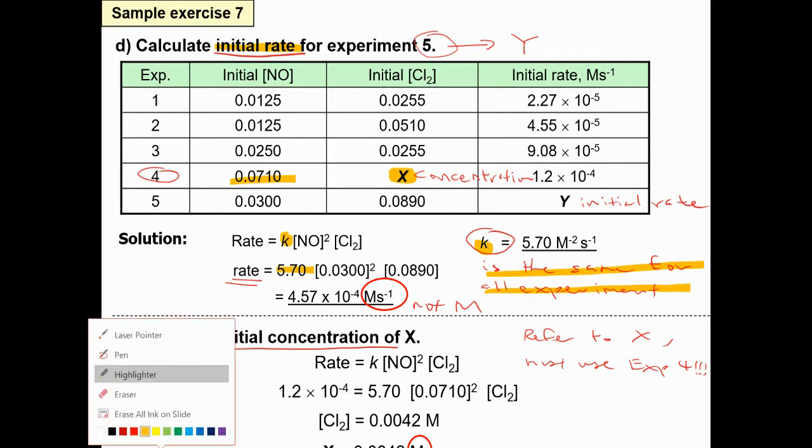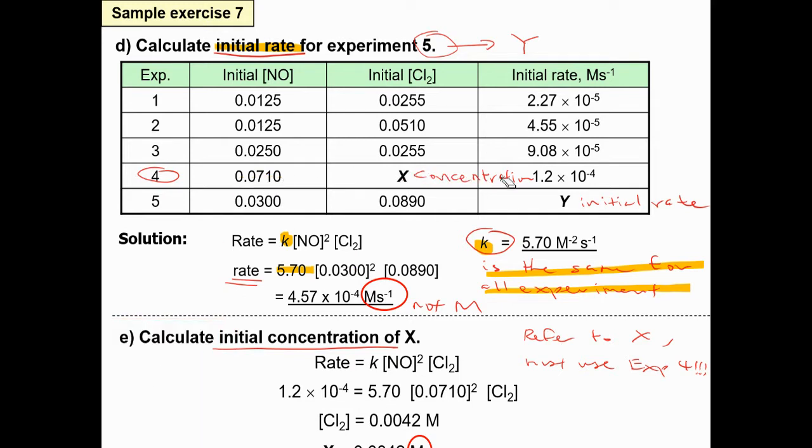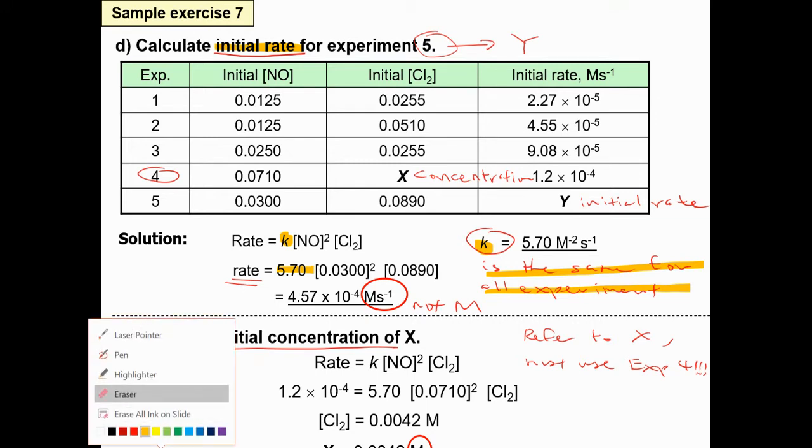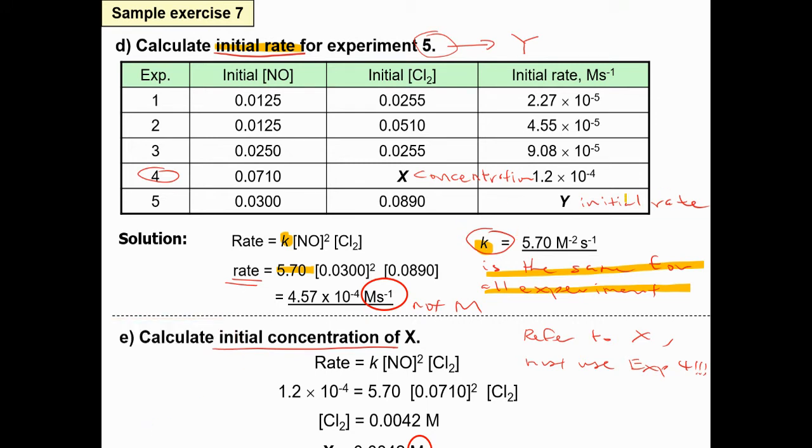I look at number 4. So here is the initial rate, and then we have nitrogen monoxide and chlorine. So we can find the answer, and remember the rate is molar per second as stated in the table.